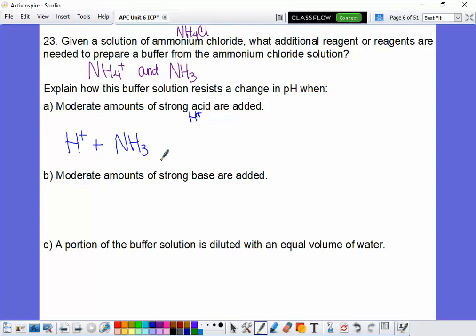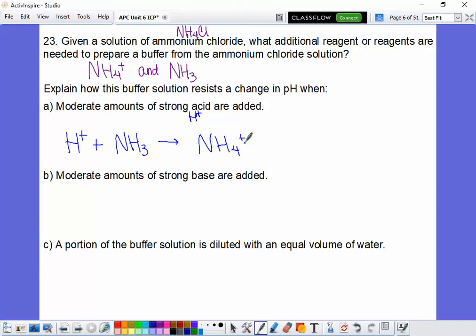Whenever you have a strong substance reacting, that is always a reaction that goes to completion, so it's always going to drive to the right. So we can just put a regular strong arrow. There's no equilibrium with strong substances. It always drives to the right. What is the product of that reaction? NH4 plus, the other component of the buffer.